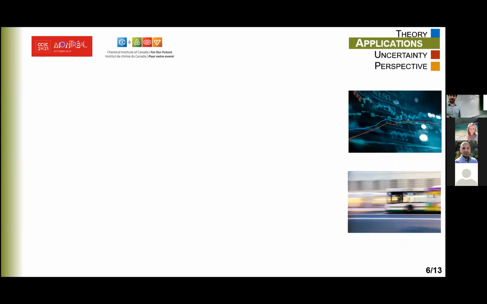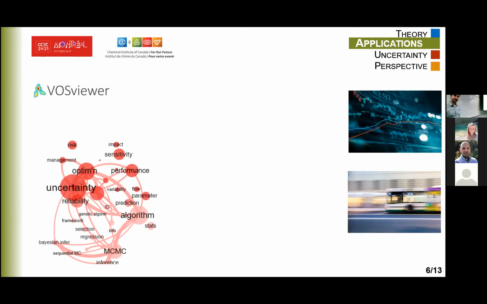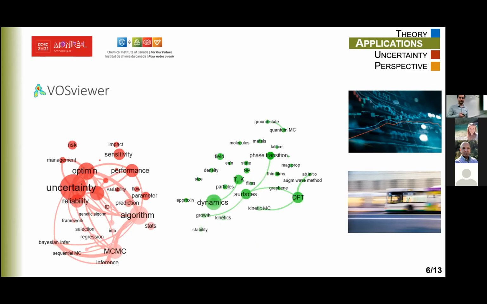Now, about the applications, the quantity of applications is very broad. So we can see that we have applications in economy, human behavior and decision making, for example, applied to transportation and so on. But let's focus on the chemical engineering side, and we can see that looking at literature, uncertainty, algorithms, and now everyone knows about MCMC, are very relevant keywords that we find.